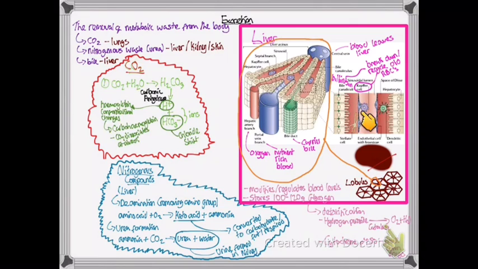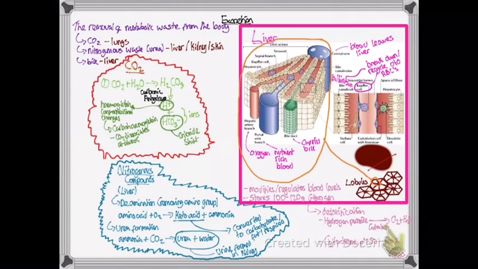The breakdown of red blood cells produces bilirubin, which is a bile pigment, and this bilirubin ends up being transferred into the bile. The bile is an alkaline substance which the hepatocytes produce, and that ends up neutralizing stomach acid.